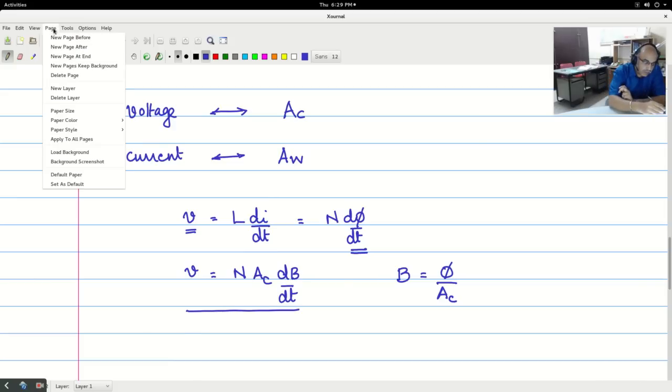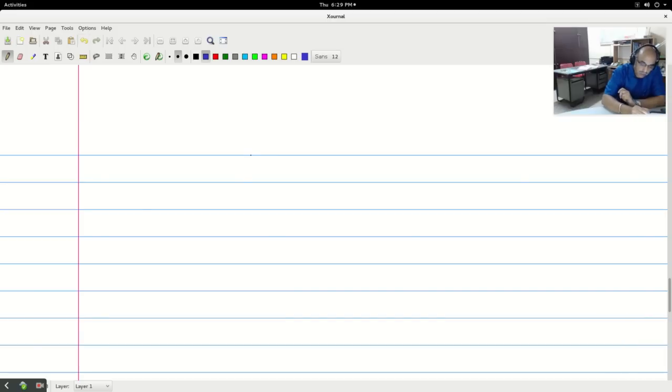Now consider the forward transformer. I will say this is the primary, which is connected to V in, and then you have the secondary, and you also have the third winding, the demagnetizing winding. We'll come to that later, because that contains almost negligible power. So let us say this winding has NP number of turns and this has NS number of turns, and across this winding, when the transistor is on, you will see a voltage of V in.